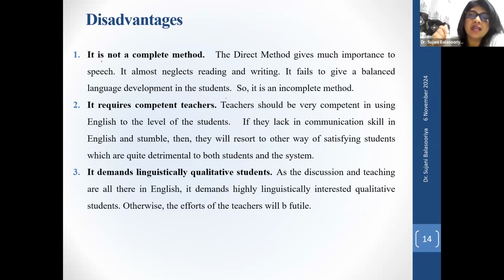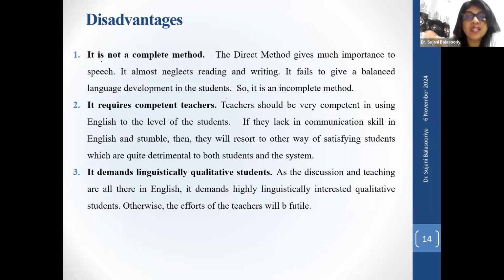To some extent, writing is there, but reading is not very much promoted. Therefore, that method is not providing balanced knowledge. Balanced language development is not there, right? It's incomplete.